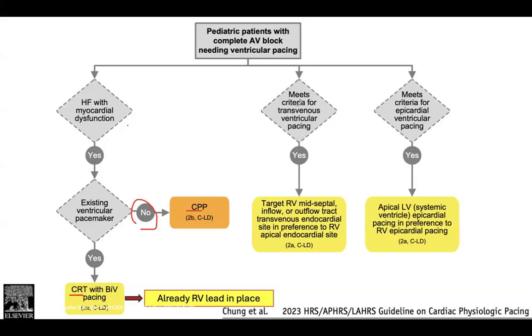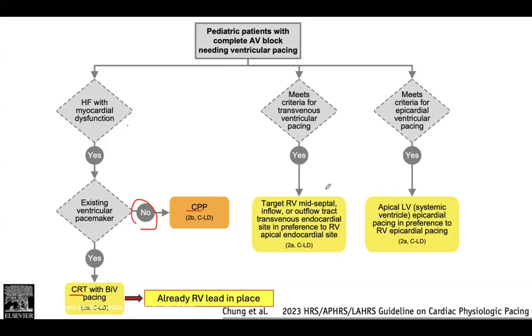If the patient has heart block, needs pacing, and has transvenous access, it's possible to do it transvenously, but without heart dysfunction, technically you don't have to do CSP pacing.